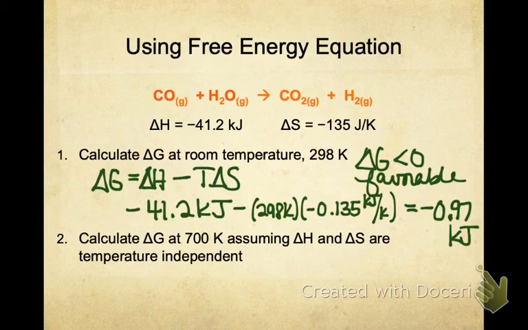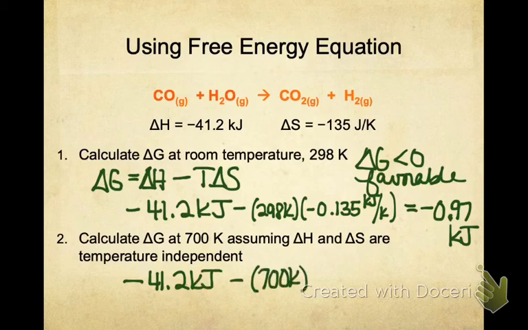Now it says calculate delta G at 700 K, assuming delta H and delta S are temperature independent. So let's see what happens when I put in 700 K. I'm going to do the same setup, negative 41.2 kilojoules, but now I'm going to change the temperature to 700 K, and I'm going to use the same delta S value.